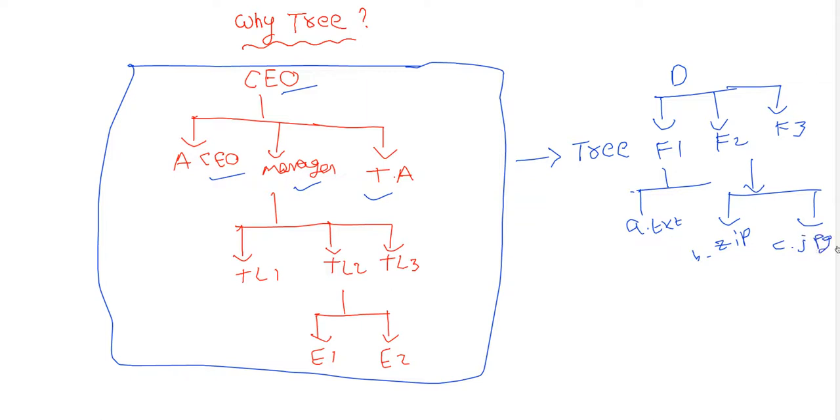Like this, some data is present in my folders. So here also it is hierarchical. Within the D drive I have three folders, and within each folder I have some subfolders or files.